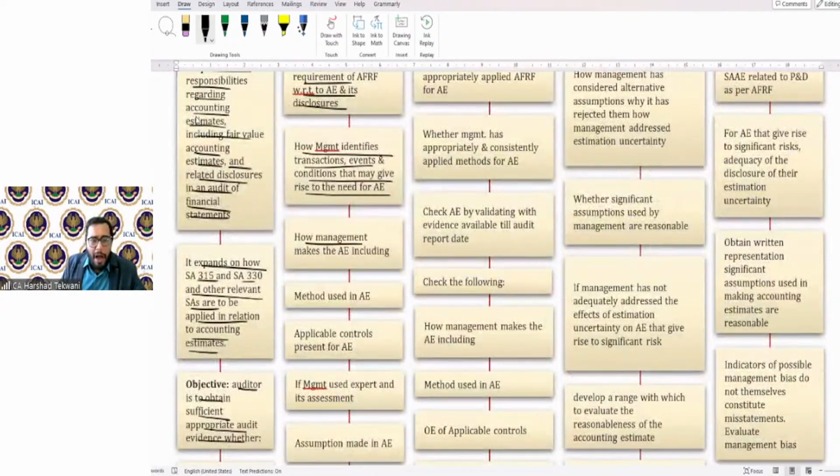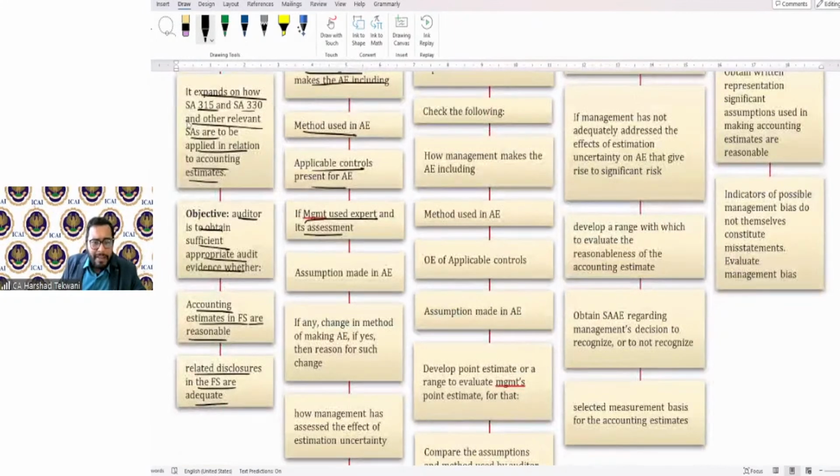Then you need to understand how management makes the accounting estimate, including the method and the applicable controls present for accounting estimates. If management uses an expert, you need to understand that and its assessment, and the assumptions made by management in the accounting estimate.